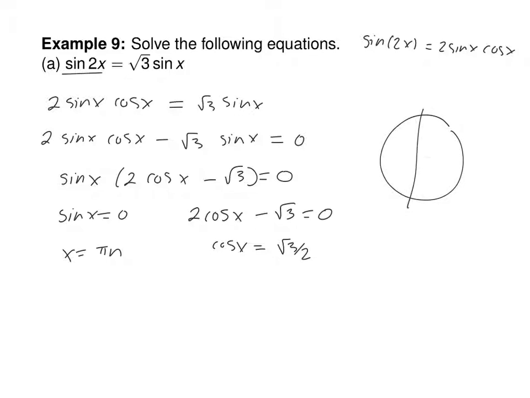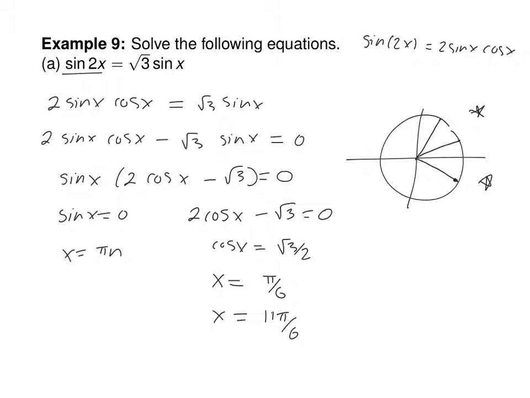Okay, so cosine is positive in quadrants 1 and 4. I learned my lesson. I'm going to do it every time now. Is it pi 6th or is it pi thirds that the cosine is root 3 over 2? Pi 6, the first one. And also at negative pi 6 or 11 pi 6.